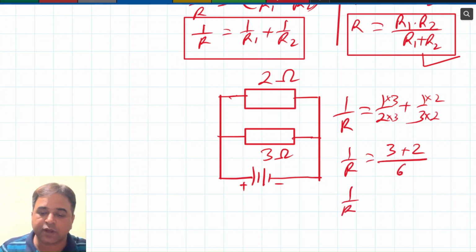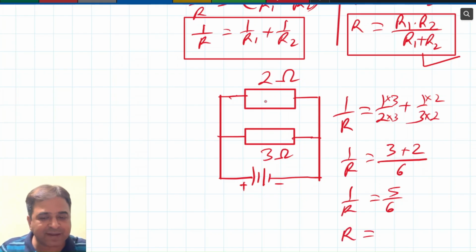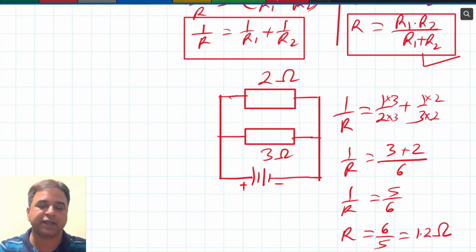So here 1 upon R equal to 5 upon 6. Okay. But this is not the final answer. Your equivalent resistance R will be equal to 6 upon 5. When you simplify that, you will be getting it as 1.2 ohm. So this is your final answer. This is how you will calculate when circuit given is in parallel.